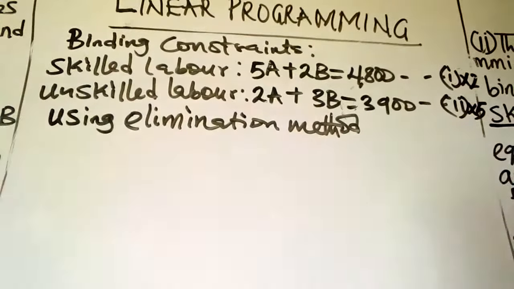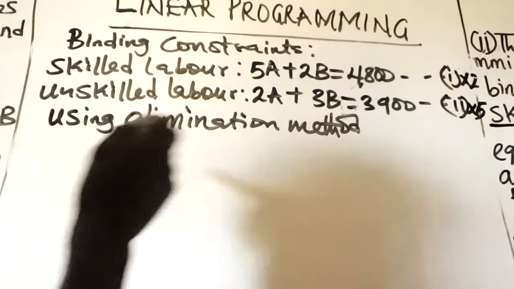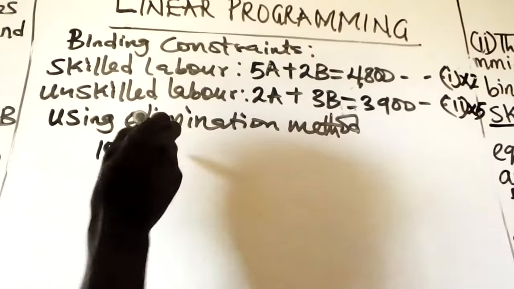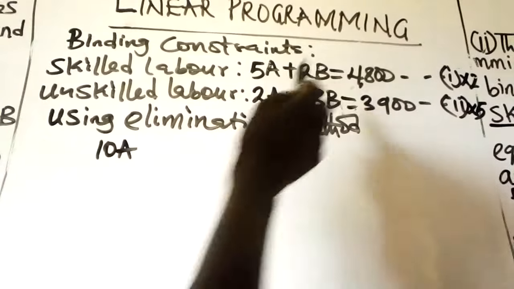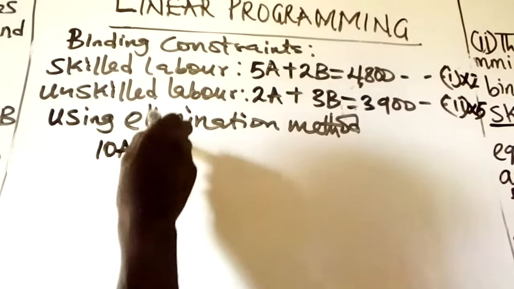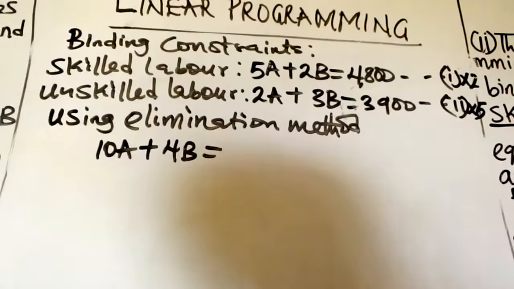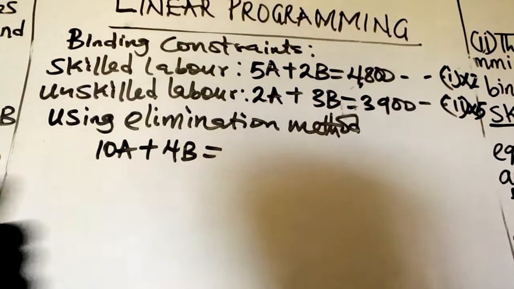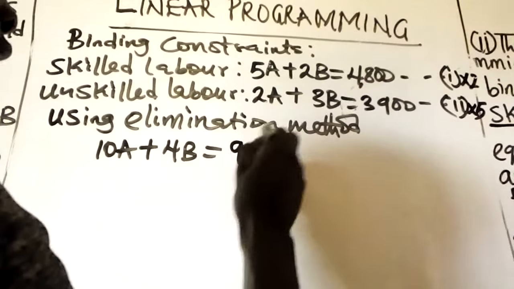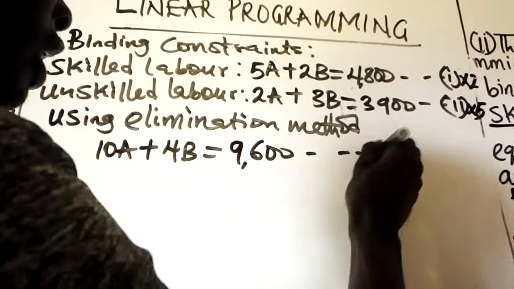Now, 2 times 5A, we have 10A. 2 times 2B, we have 4B, equals 2 times 4,800, which is 9,600. Let's call that equation 3.